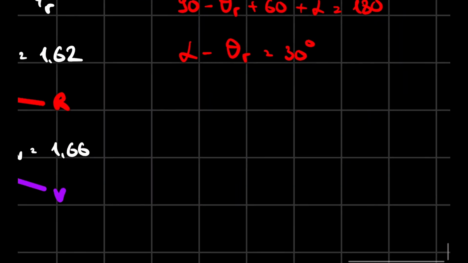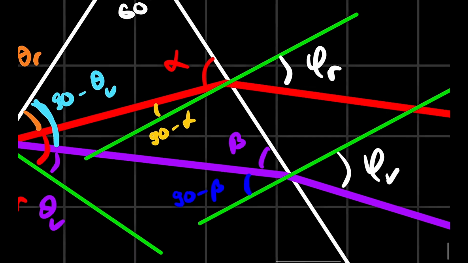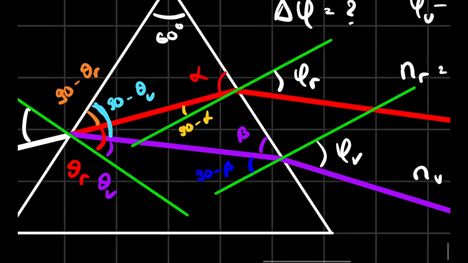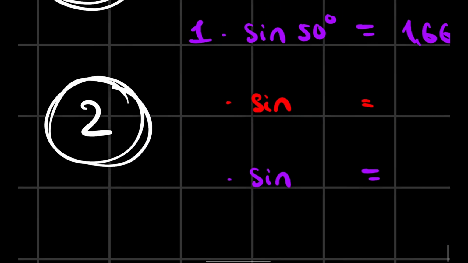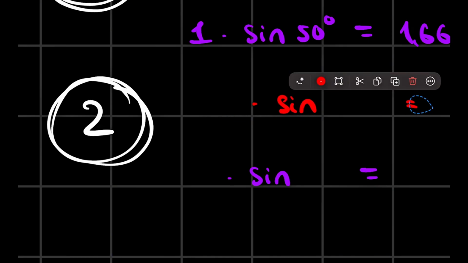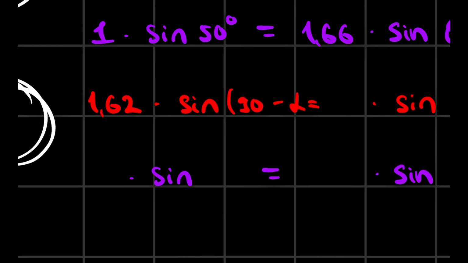Okay, I can find alpha from here, but let's not touch it yet, yeah? What I can write here for Snell's law for the second part, this would be my angle of incidence. Then my index of refraction for the red would be my first n, yeah? This thing would be 1.62 again. So this would be my 1.62 sine of 90 minus alpha, which is something pretty convenient.